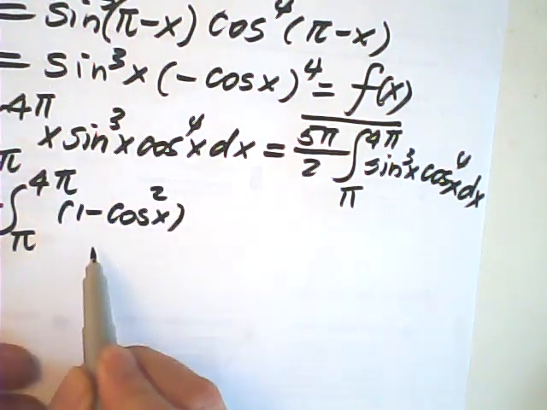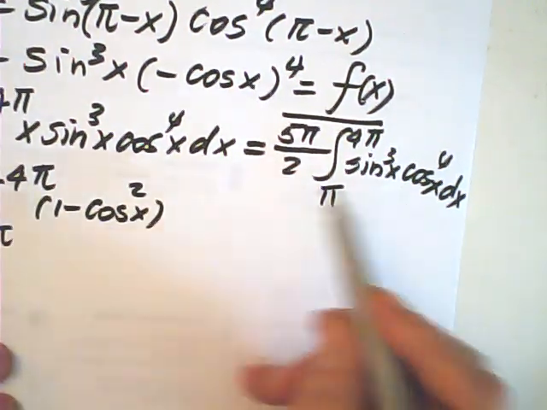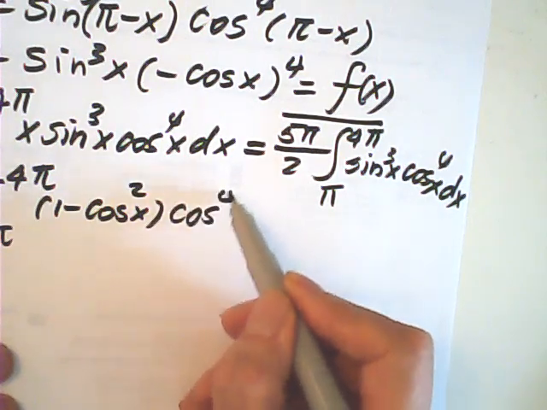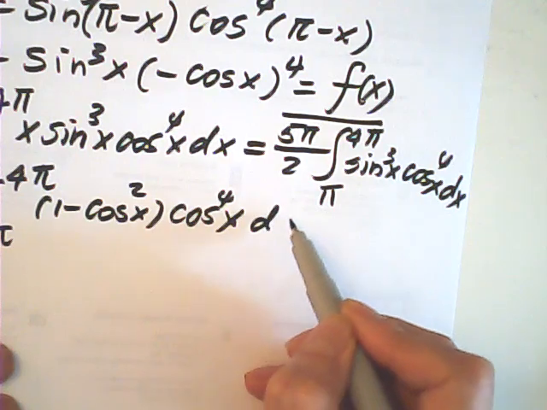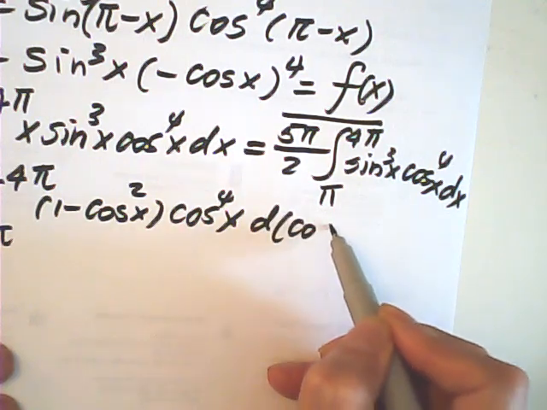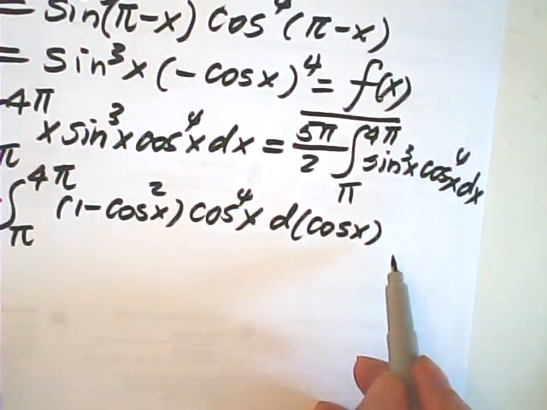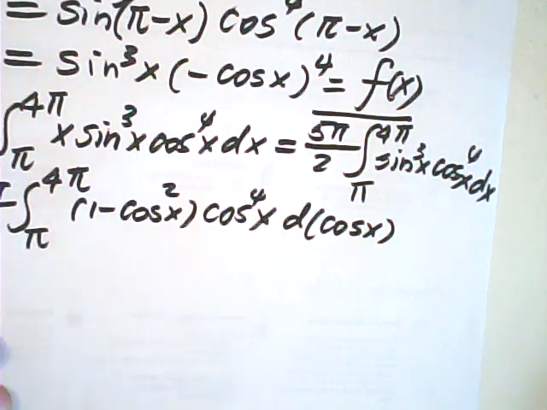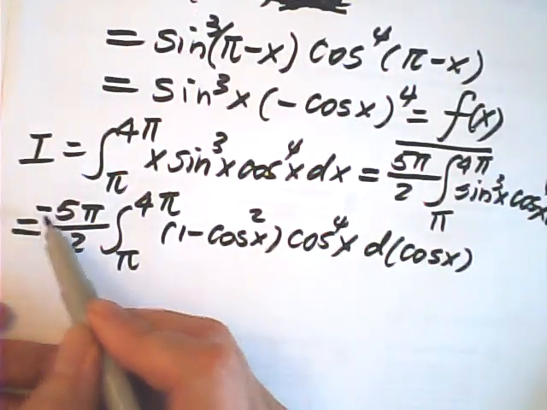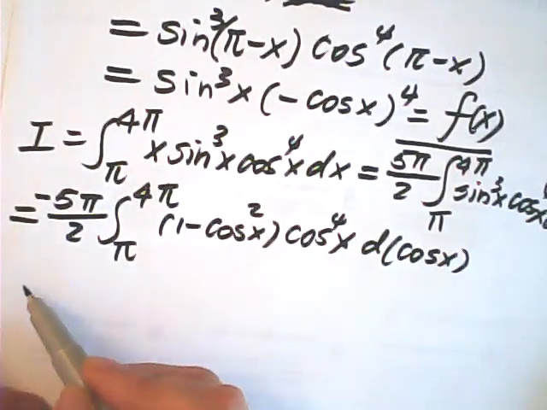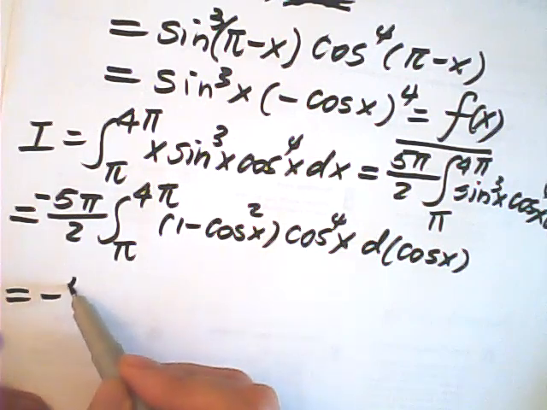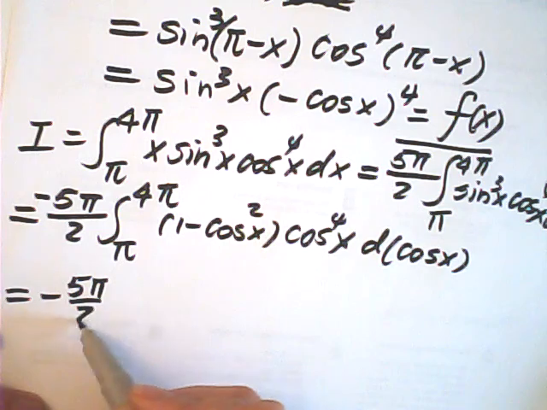This is sine square, the other sine I change to d cosine. D cosine is negative sine dx, so I put a negative outside.